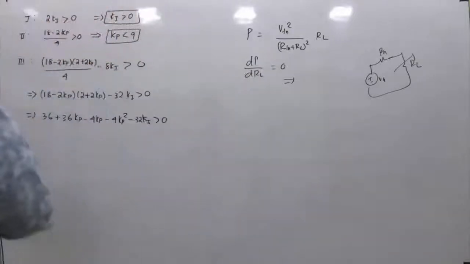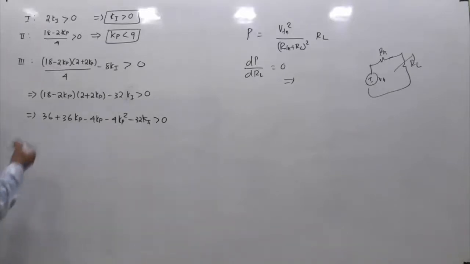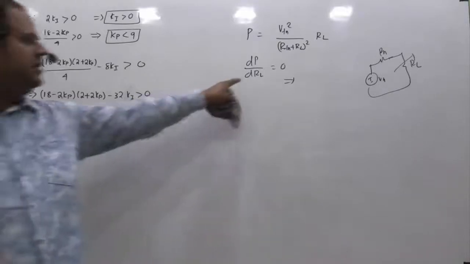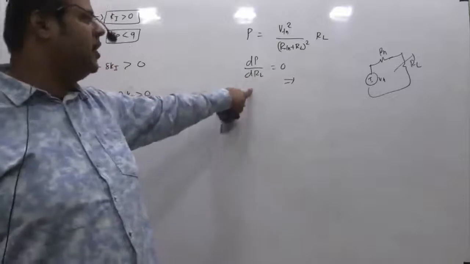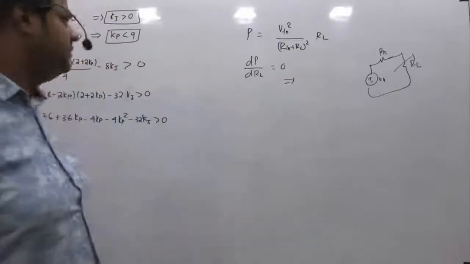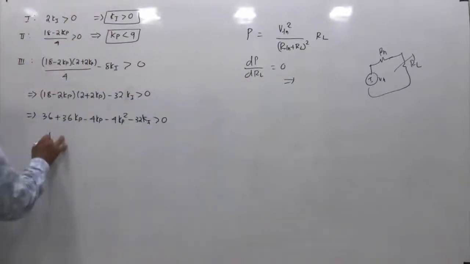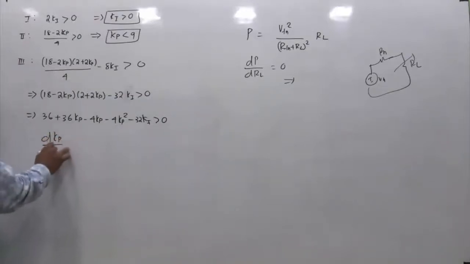Similarly, in this case we are supposed to find for what value of ki this attains its maxima or minima, we don't know actually. So these are mathematical equations. Your approach should be to differentiate these equations with respect to the variable. Here RL is the variable, so we differentiate with respect to RL because we are interested in finding RL. Similarly, here we should try to differentiate dkp by dki, and equate it to 0.